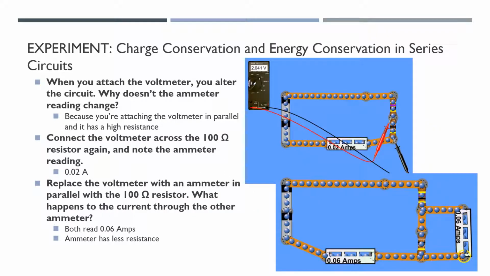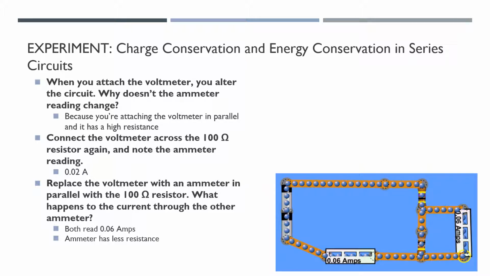Now, before we continue, there are a few things about the voltmeter that need to be addressed. When we attached it to the circuit, we altered the circuit, but the ammeter reading didn't change. That's because we attached the voltmeter in parallel and it has a high resistance, so very little current, if any, was able to flow through the voltmeter and change the ammeter reading. Then, in order to continue our experiment, we connected the voltmeter across the 100 ohm resistor, as you can see in the top picture.